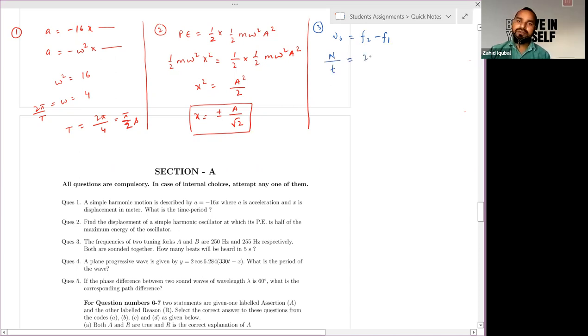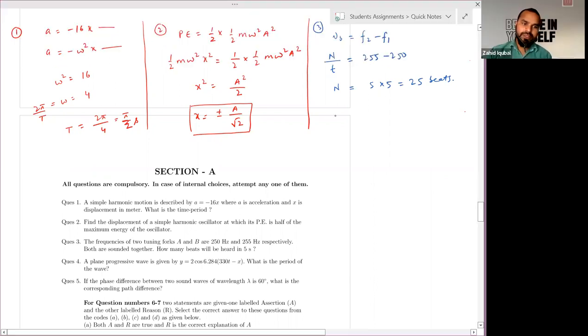F2 minus F1 is 255 minus 250, which is 5, and the time is also 5. So it gets multiplied, and in total you get 25 beats produced in 5 seconds. Is it clear? Yes, sir.